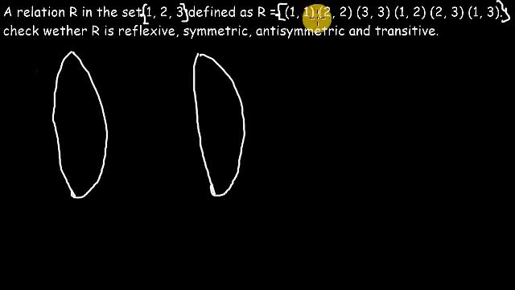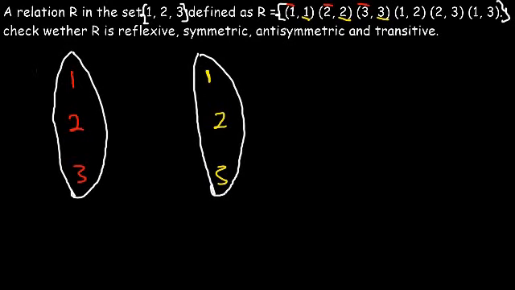So for the set of input, that's 1, 2, 3. And for the set of output, that's 1, 2, and 3 as well.